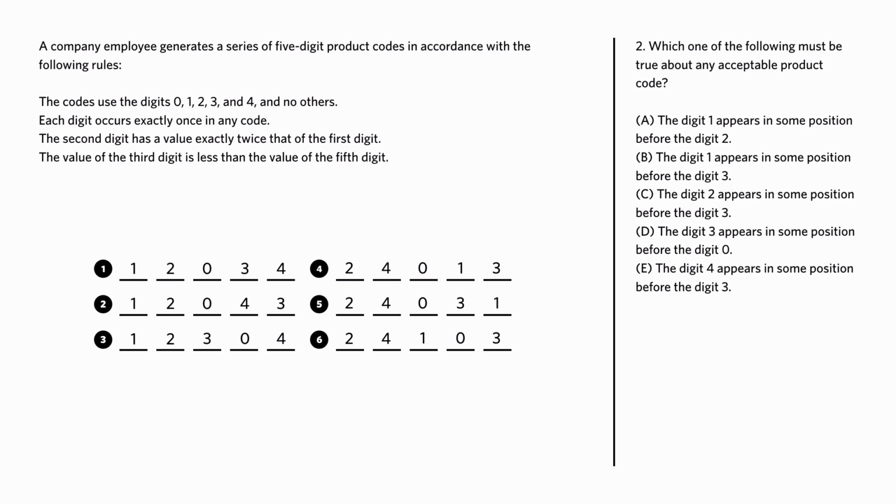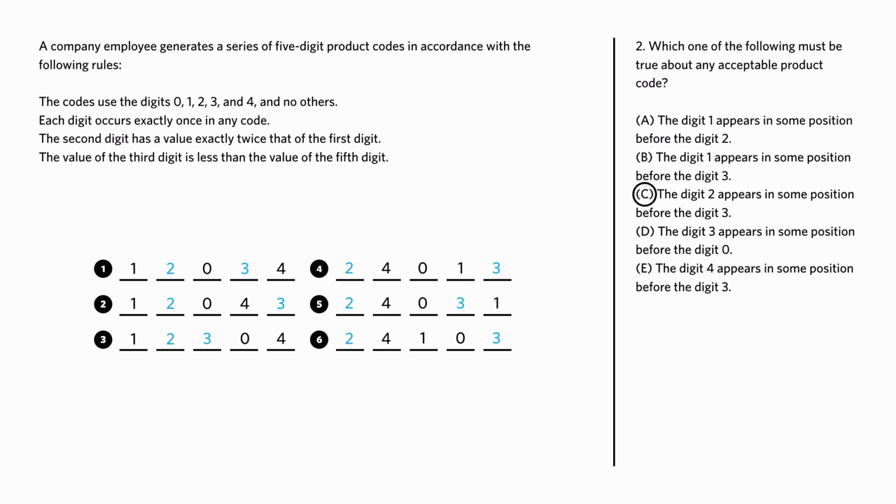B doesn't have to be true in frame 5. C has to be true in every single one of our frames, so it looks like it's going to be correct. D doesn't have to be true in many of our frames, and E also doesn't have to be true in many of our frames. So, going back to C, it is the correct answer.